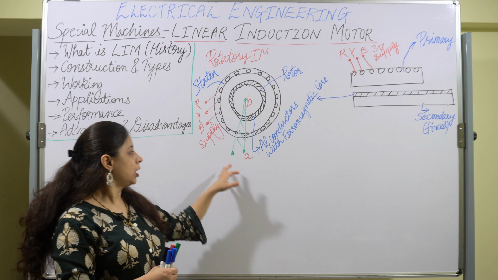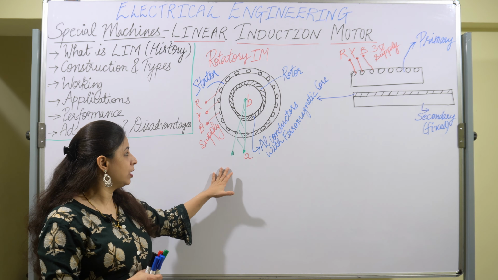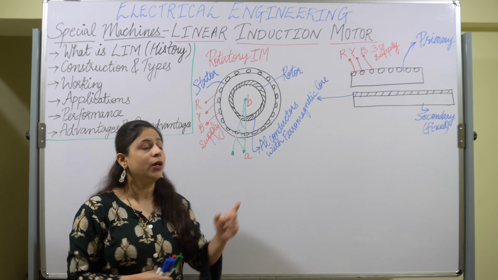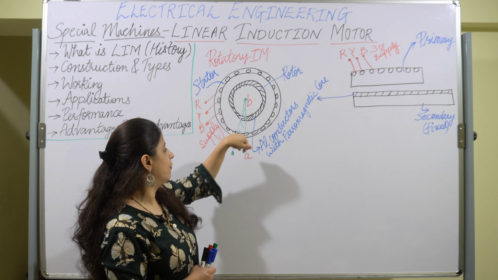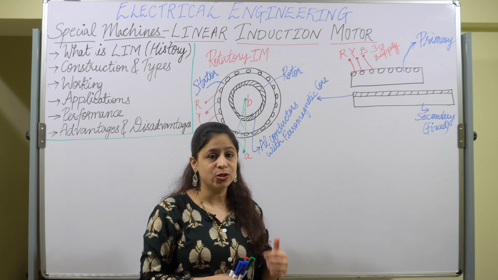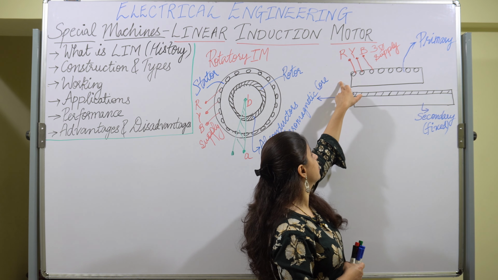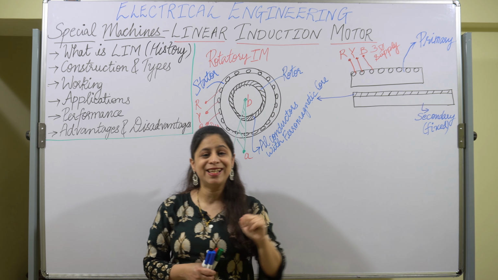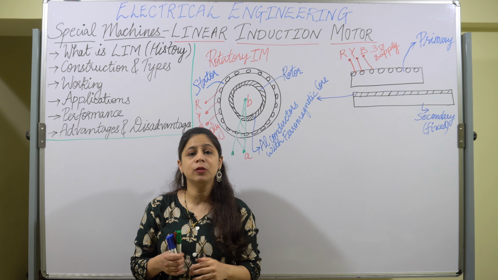As we were giving the supply to the stator of the rotatory induction motor, a rotatory flux was being set up which used to travel along the whole of the stator. In a similar way, as soon as we give the supply to the primary of the linear induction motor, a flux will be set up.